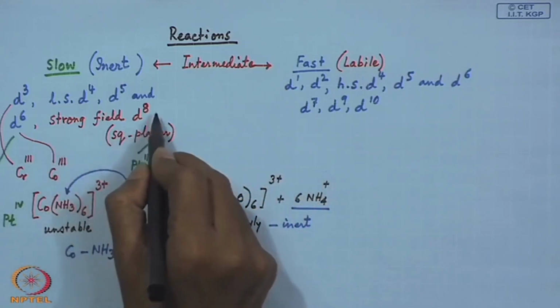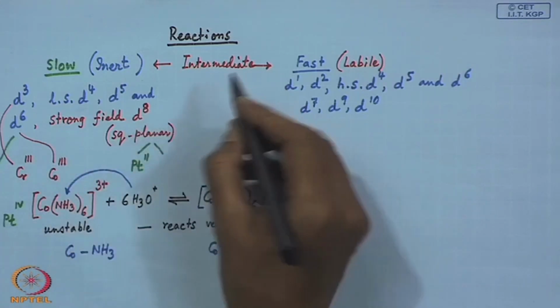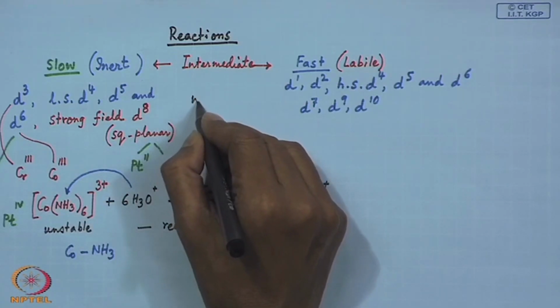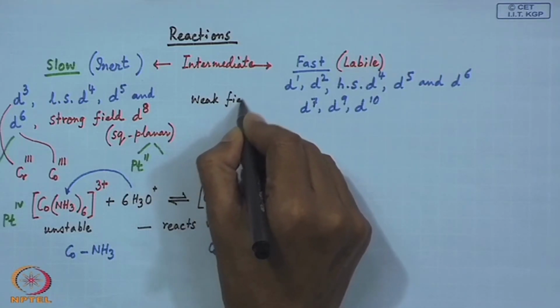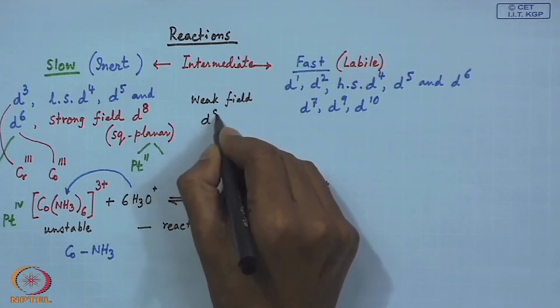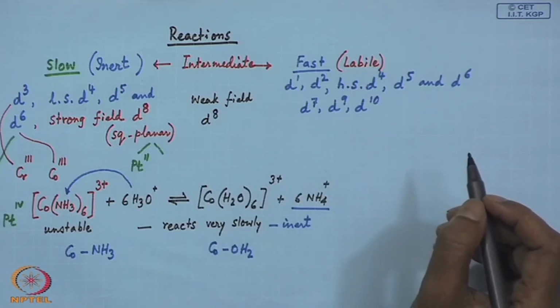Already we have considered the strong field d8 system, but in this particular case we have the weak field d8 system such as nickel 2 plus.